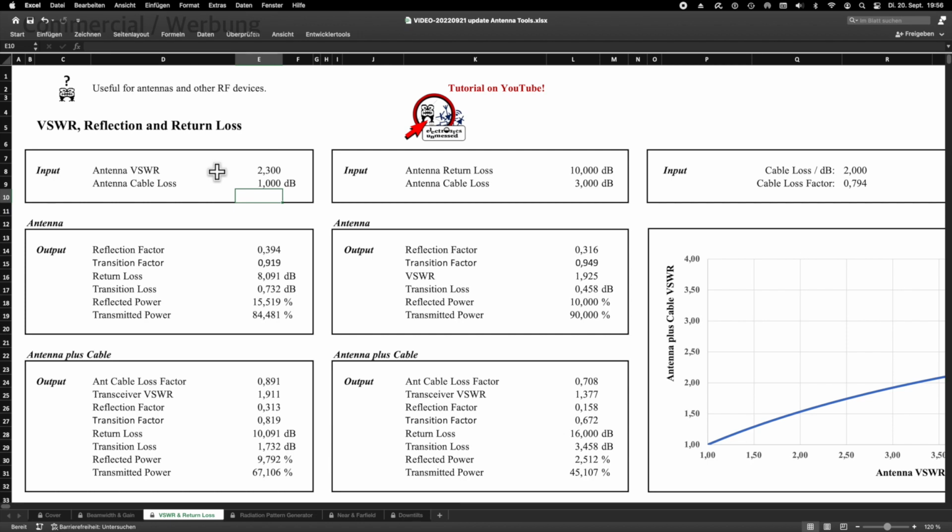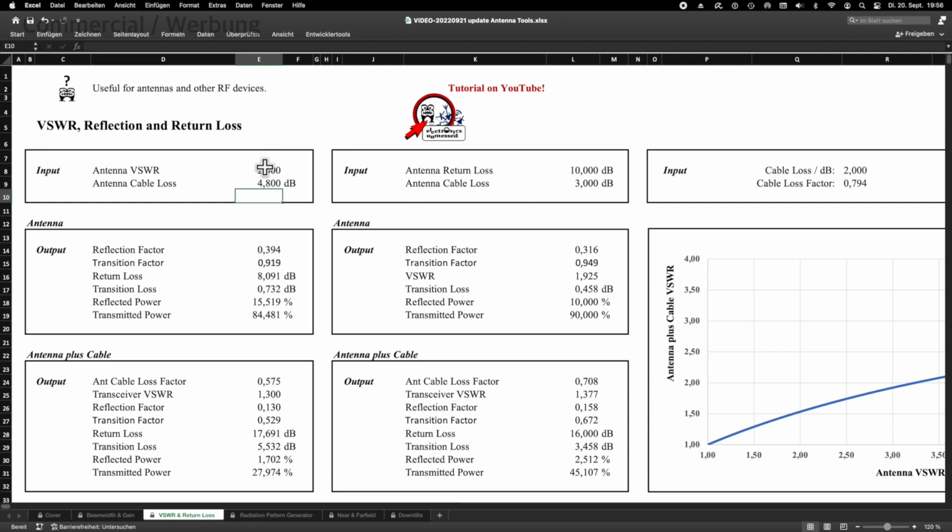Assuming we are using an RG58 coaxial cable at 435 MHz to feed an antenna. Since the RG58 cable has an attenuation of 32 dB per 100 meter at 435 MHz, there is an attenuation of 4.8 dB at a length of 15 meters.